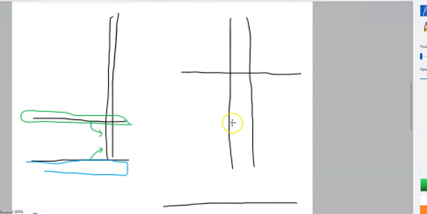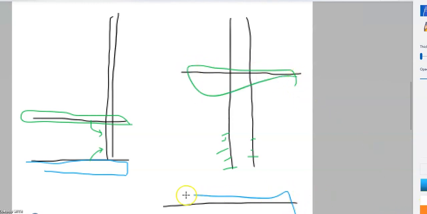But here we can get time before coning problem has happened, if we have gas cap here and water zone here. As you can see, the area with the formation is more than this area.